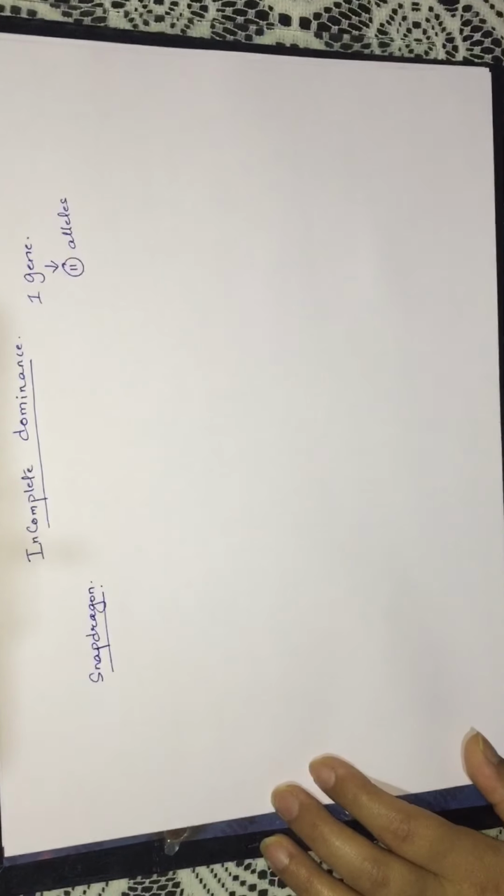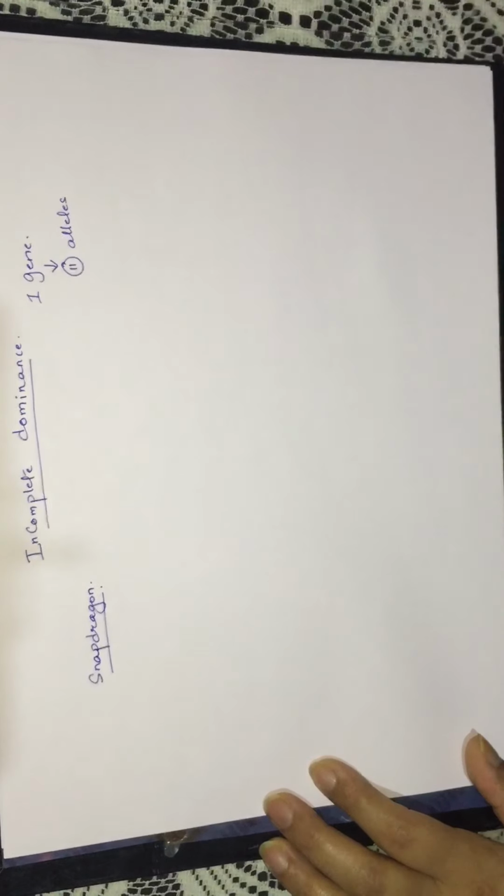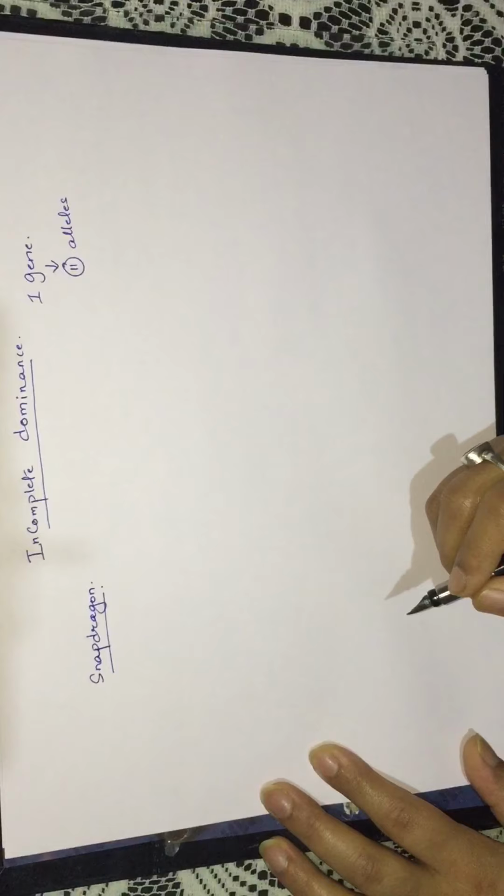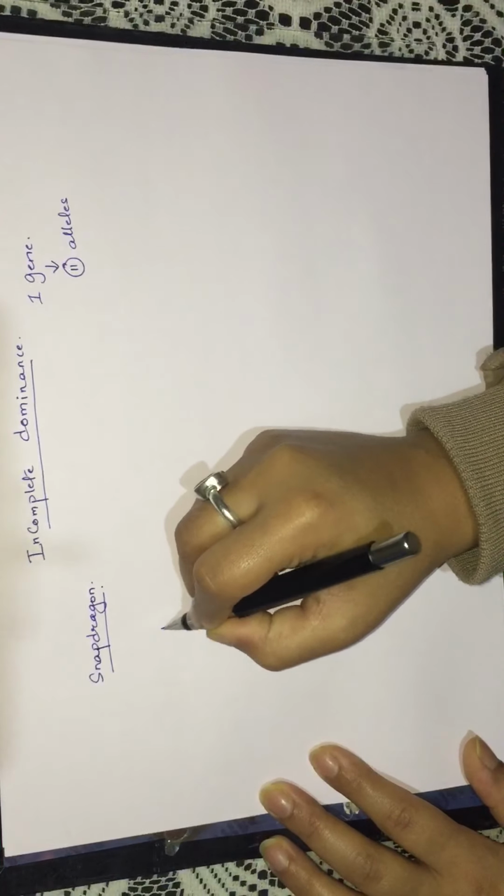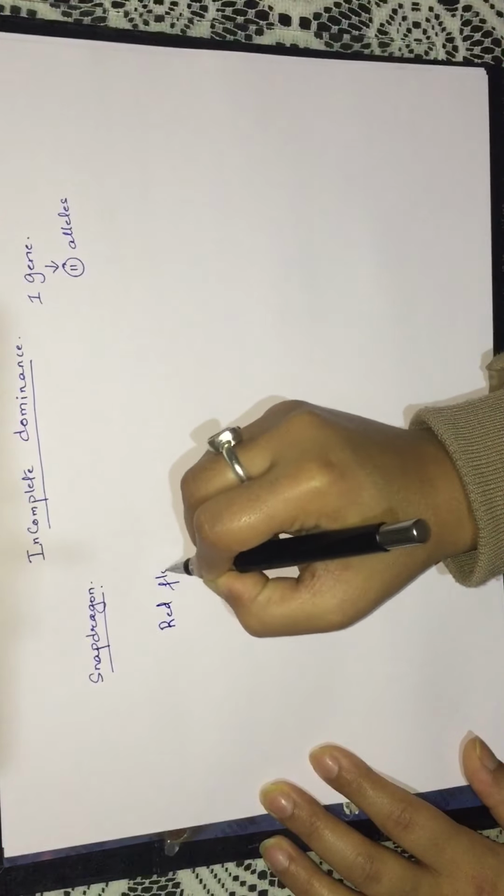This kind of phenomenon we can see in a plant called snapdragon. This incomplete dominance is seen in the plant snapdragon, in a cross between the true breeding red flower and the white one.